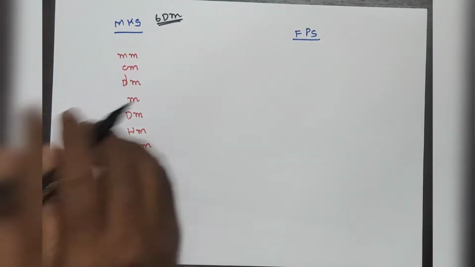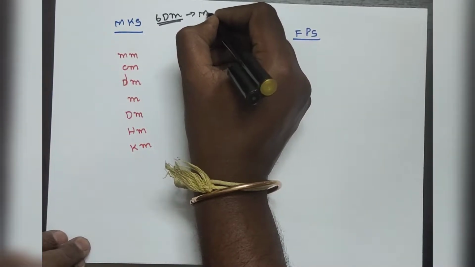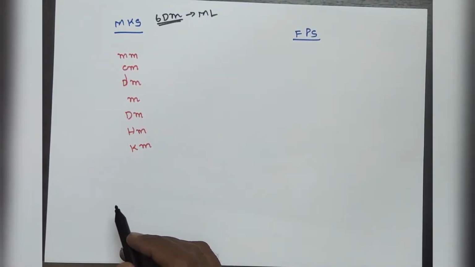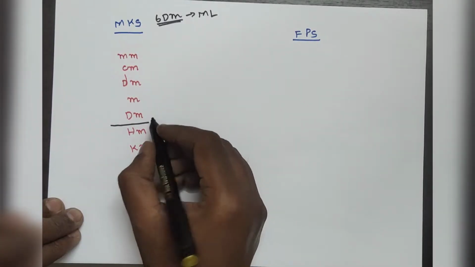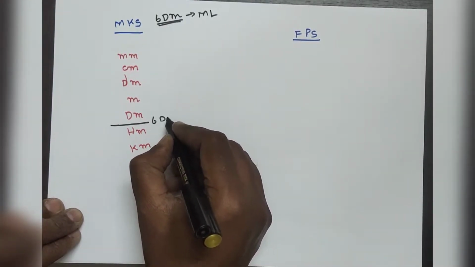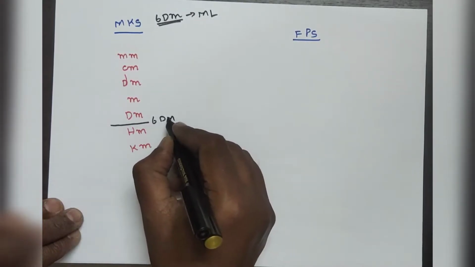So here the maximum length is given as 6 decameter, so it lies here. This 6 decameter is the maximum length.